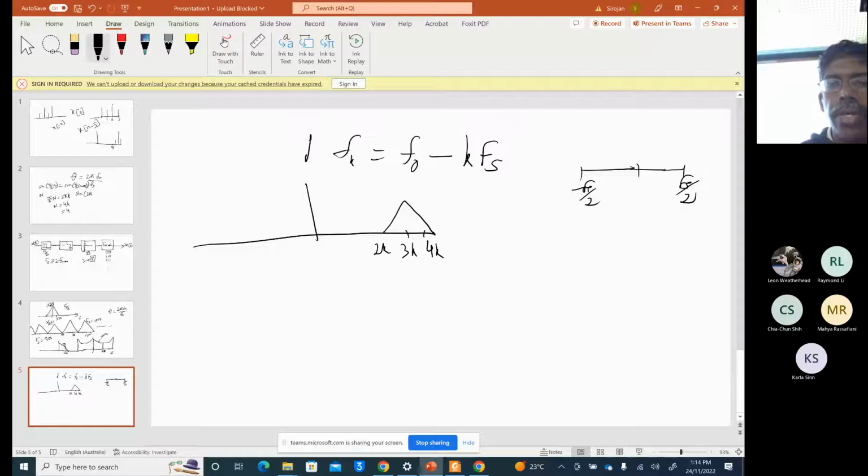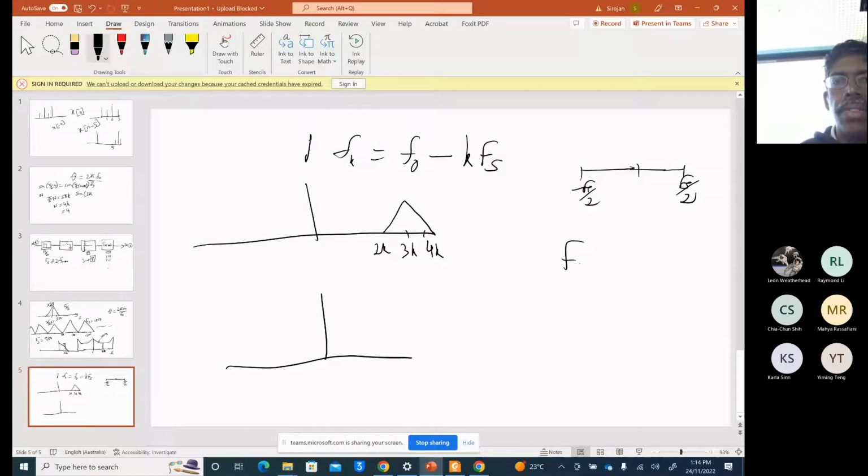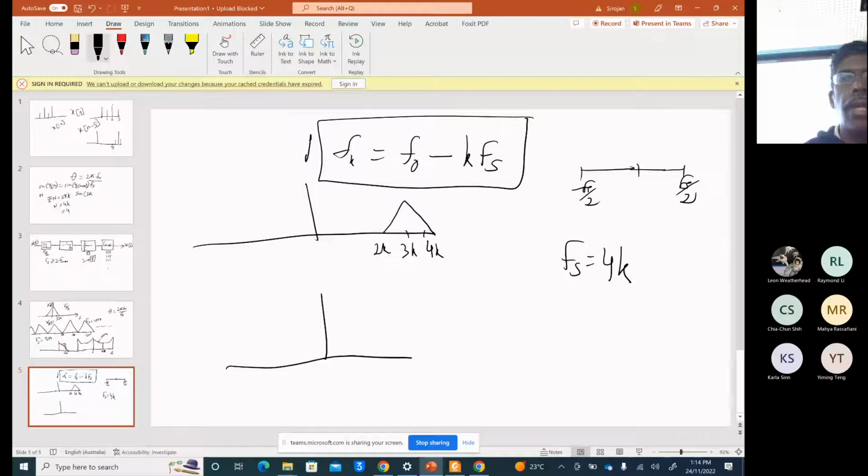Then we don't necessarily take higher than 8K as the sampling frequency, because what we can do is, even when fs equals 4K, what happens? What is the frequency where this 2K is going to fall with this equation? We can calculate it.